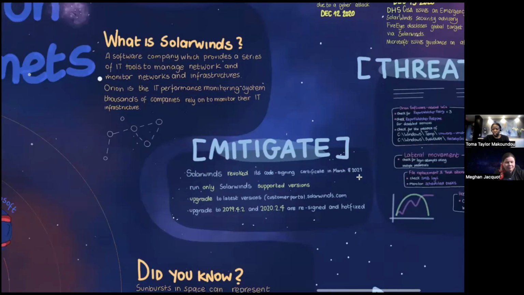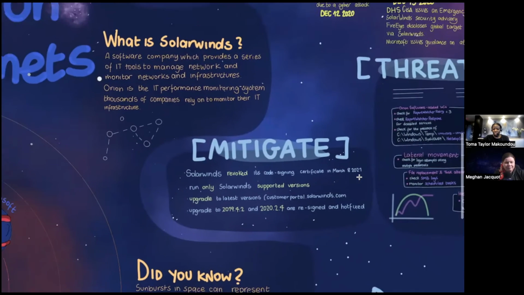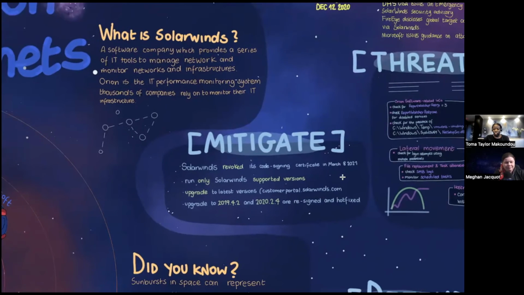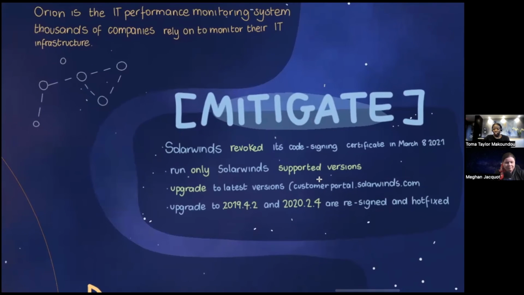This is a really good question. In this section here, you can see that I discuss mitigation steps. In this case, the patch was released officially on the SolarWinds domain, and it also came with guidance on how to best patch the Orion platforms, and the DHS released guidance around this particular patch.